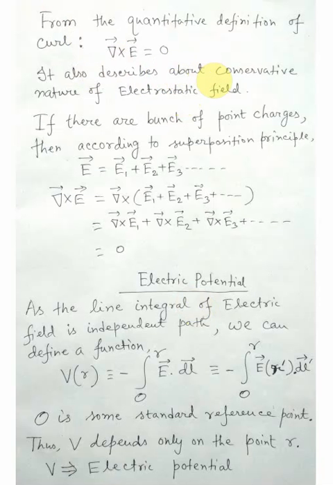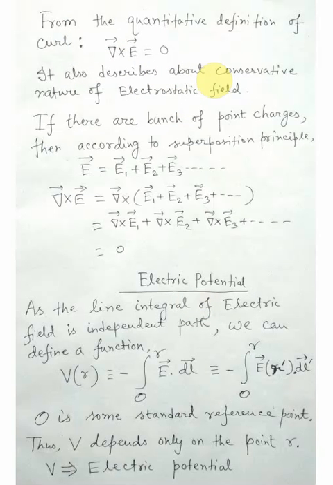So this tells that this electric field is irrotational, meaning it is not a circulating vector field. It also describes that it is a conservative vector field.